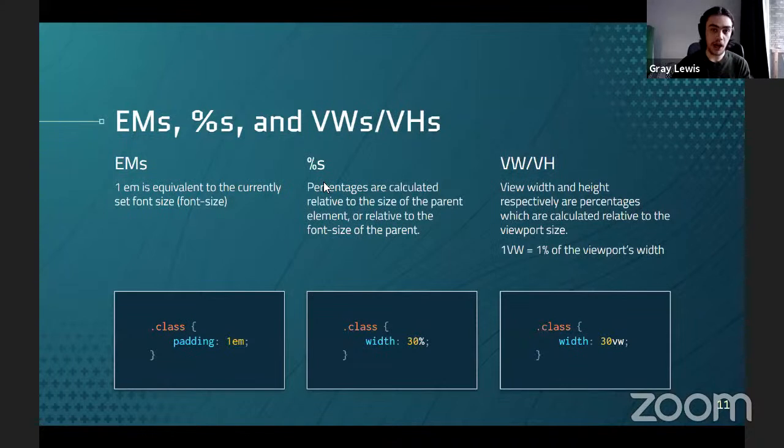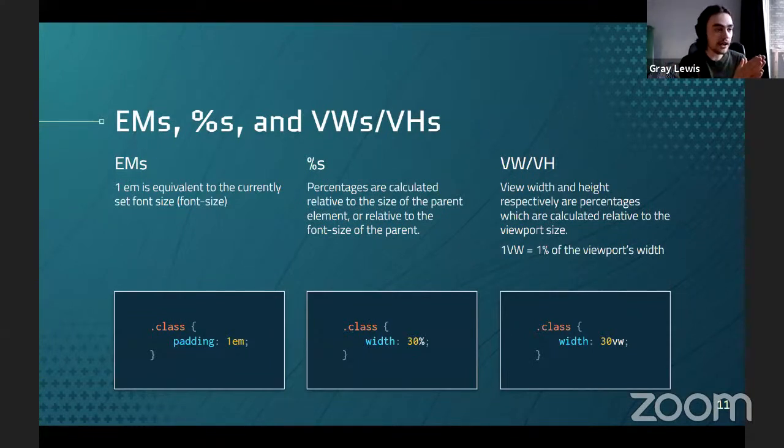We have percentages, which operate relative to screen width. You can imagine how being able to define width or size relative to the actual screen they're being rendered on can be useful for making sure that websites render consistently across different devices. And then here we have view widths and view heights, which are actually pretty much the same as percentages, but rather than being relative to the parent, or relative to whatever container the element is in, they're defined exactly relative to the screen size.